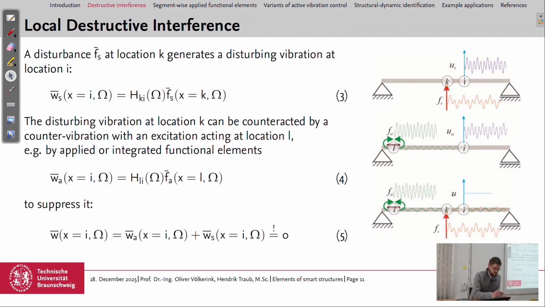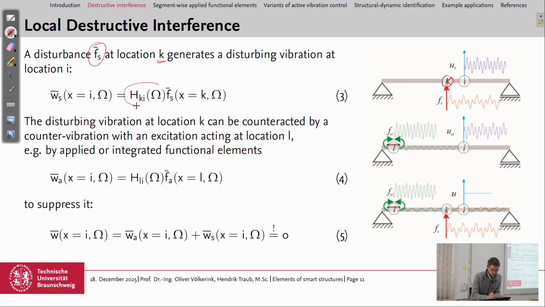So we now have a deeper look at the local destructive interference. We have a disturbance Fs at a location K. So this is the red disturbance here at point K. And this generates a disturbing vibration we want to get rid of.